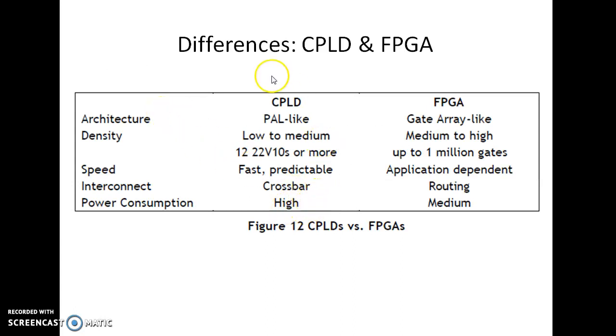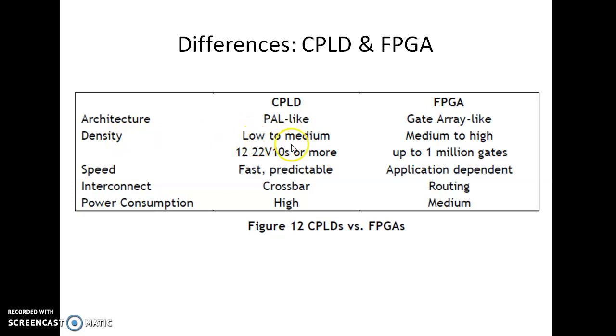And finally, if you want to differentiate CPLD and FPGA, these are the differences. From the architecture point of view, CPLD is like PAL, right? It consists of PALs, whereas FPGA consists of an array of gates. And the density means how many gates you can place in a CPLD or FPGA.